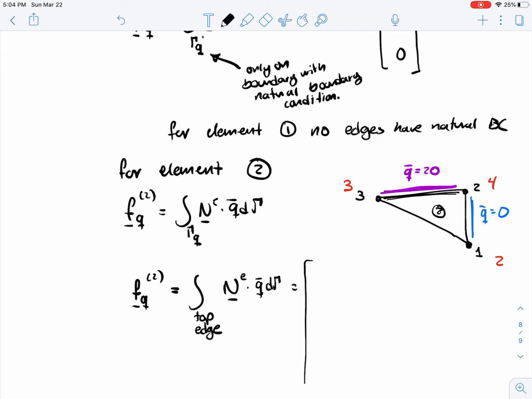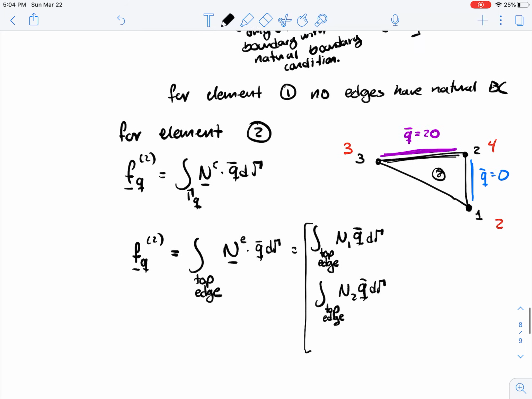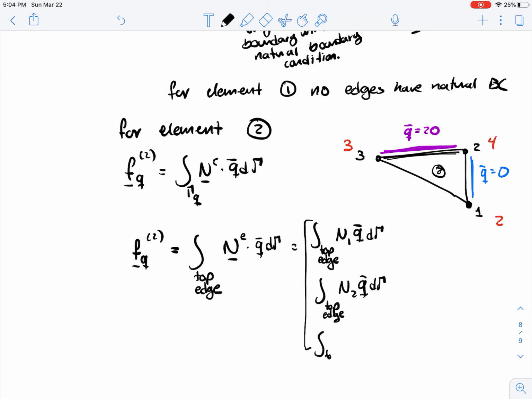We have 3 shape functions, so I'm going to have a vector of 3, where the first entry is the integral over the top edge of n1 times Q bar, then the integral only over the top edge of n2 times Q bar, and then the integral over the top edge of n3 times Q bar.